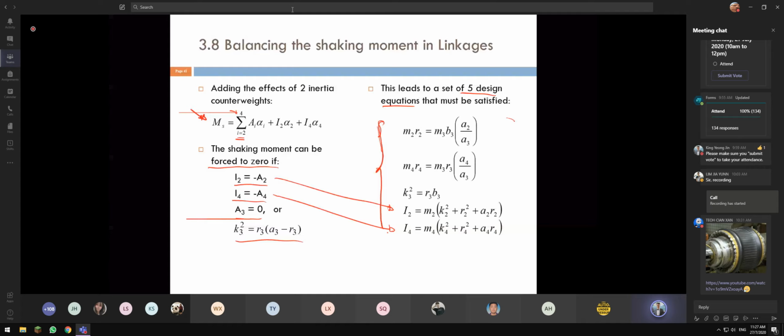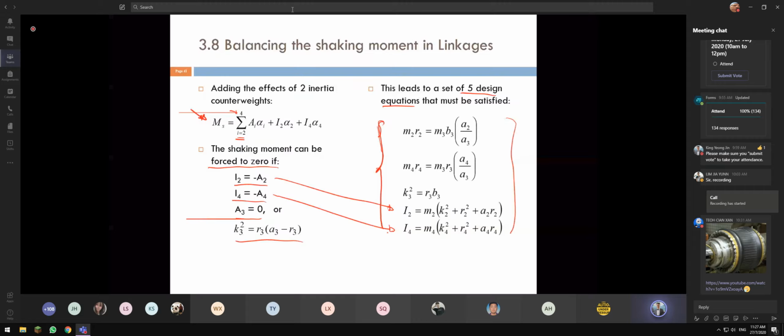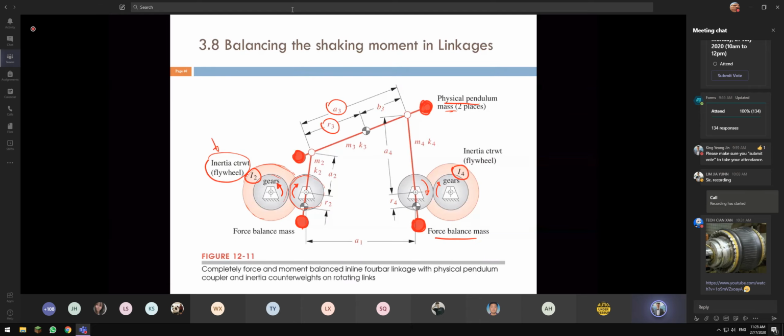So these are all the 5 equations that we can apply in order to have this shaking moment balance. Because what we need is to calculate what flywheel has to be added onto the system.